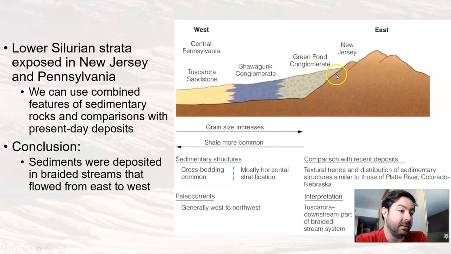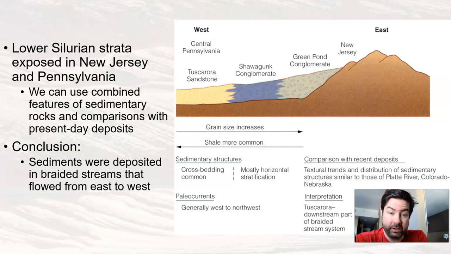Usually if we have conglomerates and bigger pieces, the bigger the pieces in sedimentary rocks, the bigger the grain size, the closer to the sediment source, in this case mountains. And so we get finer and finer grain materials as we get further and further away. Water can carry smaller materials further.